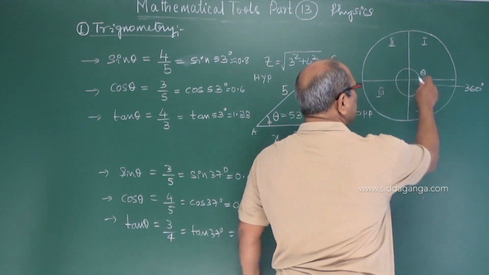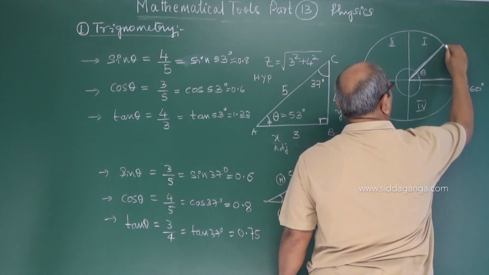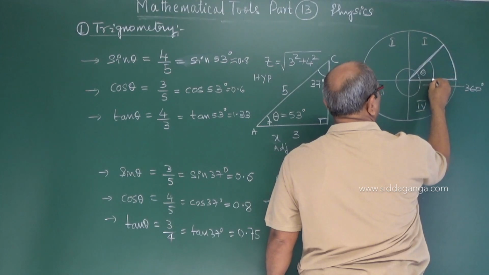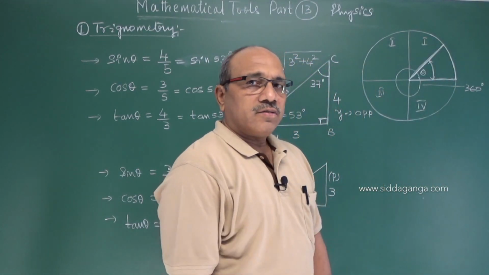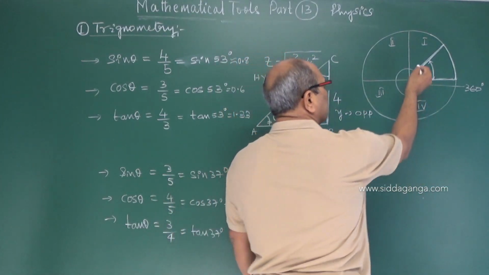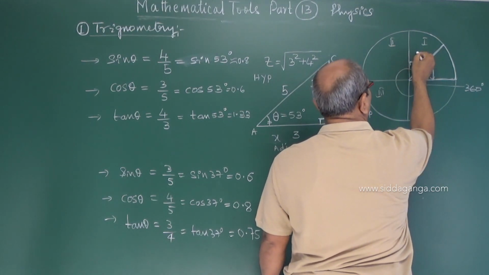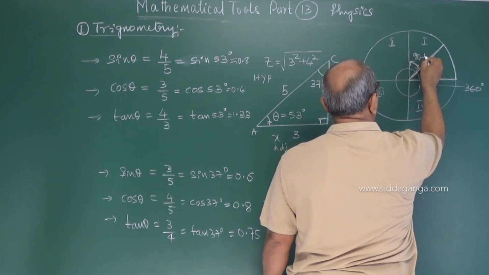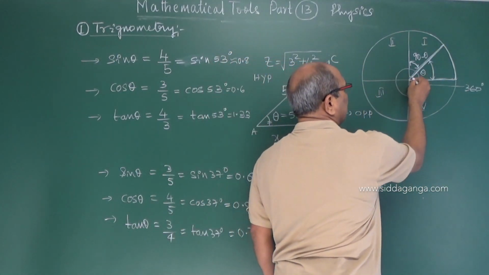So this theta is the angle, particularly you can think about this line which I am showing. The same angle theta can be expressed with respect to the vertical. Then this angle you write as 90 minus theta, because this total is 90.